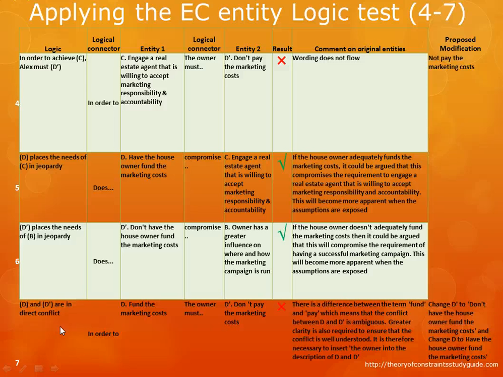And similarly, in respect to D prime and B, you'll recall that B was about the owner having a greater influence on where and how the marketing campaign is run.